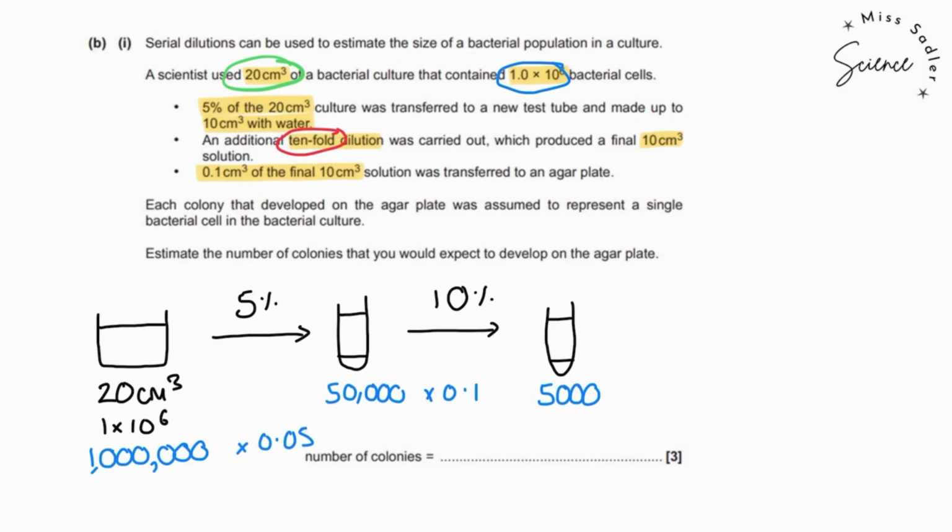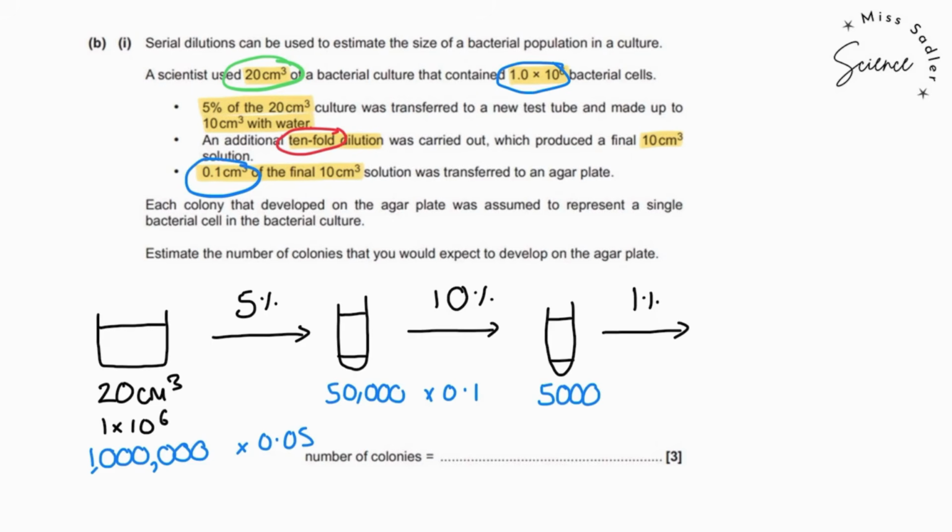And then the next part is it gets put onto an agar plate. Now if I've got 10 centimetres cubed, 0.1 centimetres cubed, that is 1%.